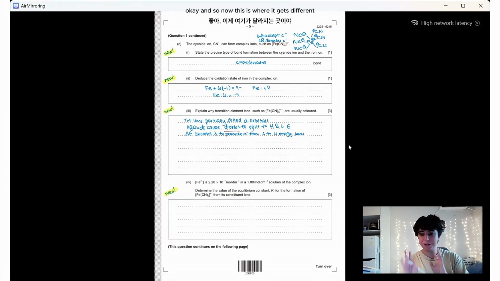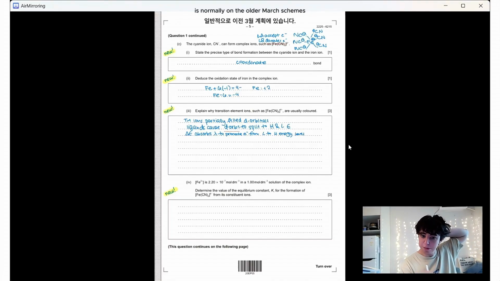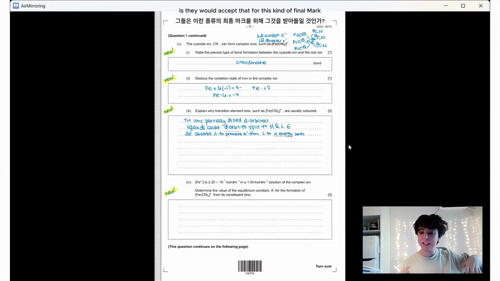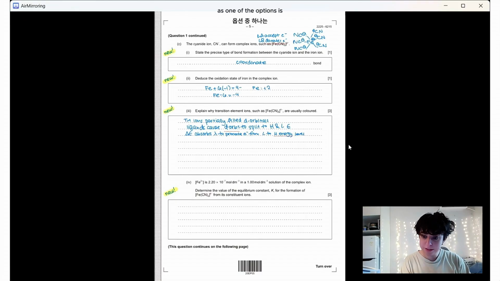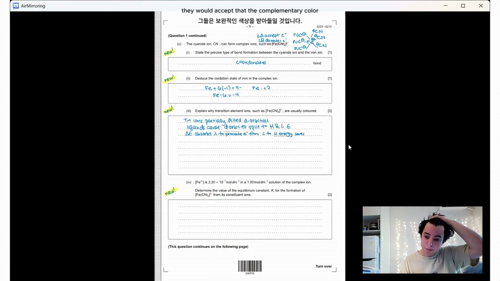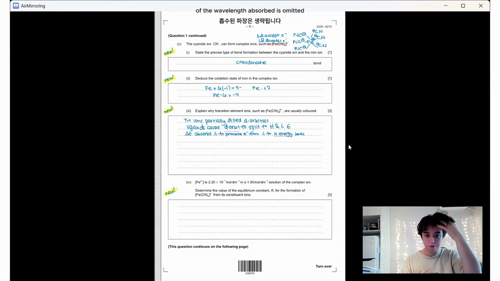Okay. And so now this is where it gets different. Normally on the older mark schemes, they would accept, for this final mark as one of the options, that the complementary color of the wavelength absorbed is emitted. Actually, I'm going to interject. This is me from the future, editing the video.